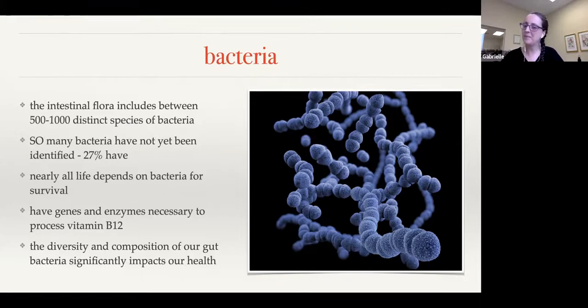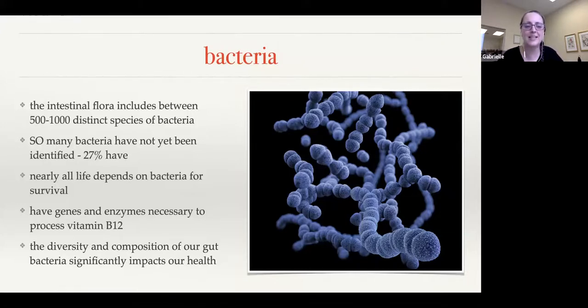Now, bacteria are incredibly important in our immunity and in the way we live, because not only our life, but much life on Earth depends on bacteria for survival. A very easy example is that the bacteria has genes that help in digestive processes and with metabolic processes.